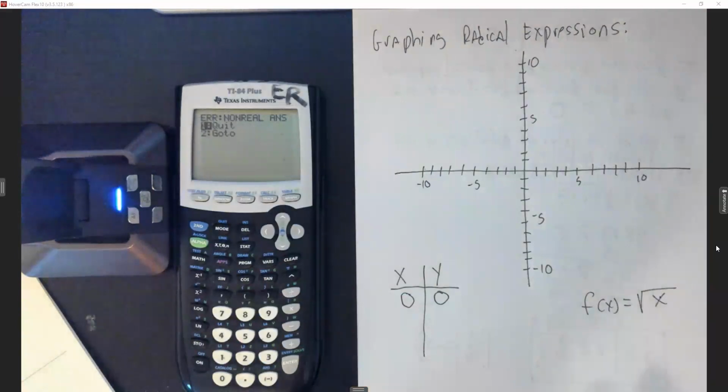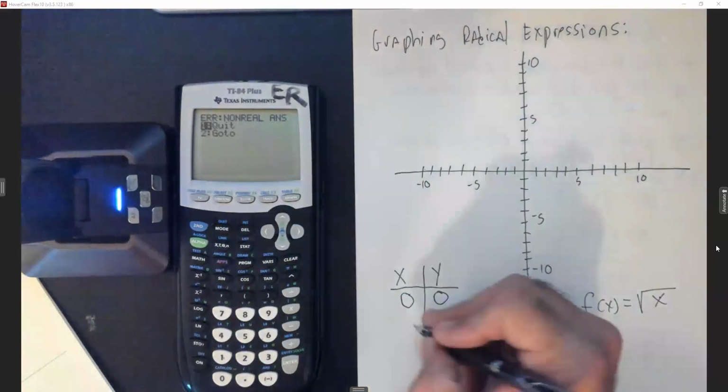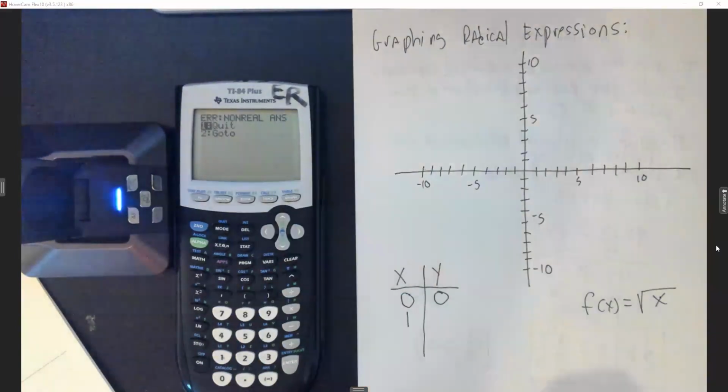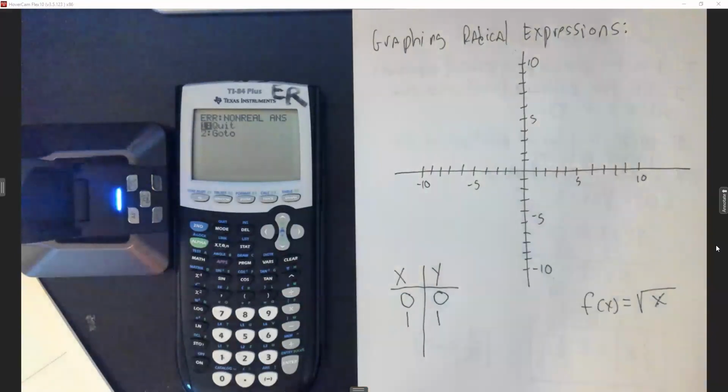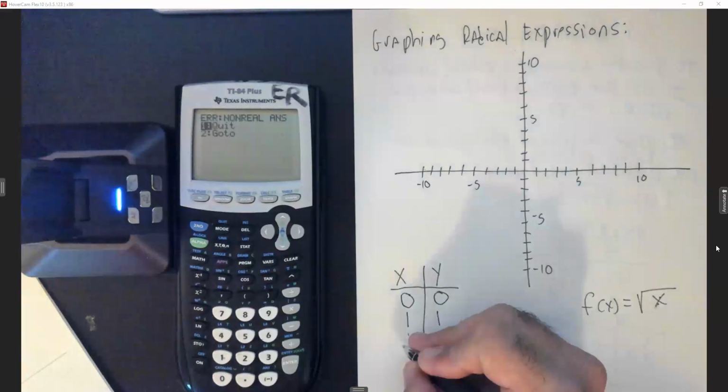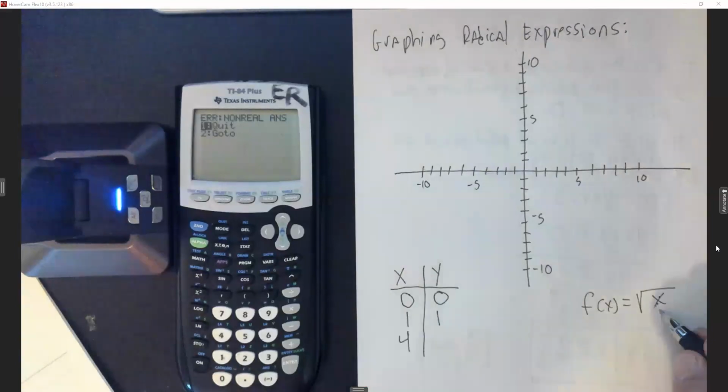Imaginary. Okay? So the next number I'm going to put in is a 1. You put in a 1, square root of 1 is 1. Now, I'm not going to put a 2 in there because I can't take the square root of a 2. I'm not going to put a 3 here because I can't take the square root of a 3. But I'm going to put a 4 here because the square root of 4 would give me a 2.